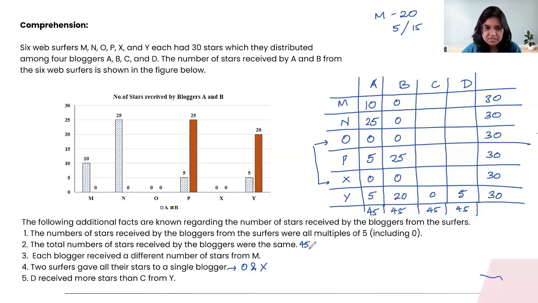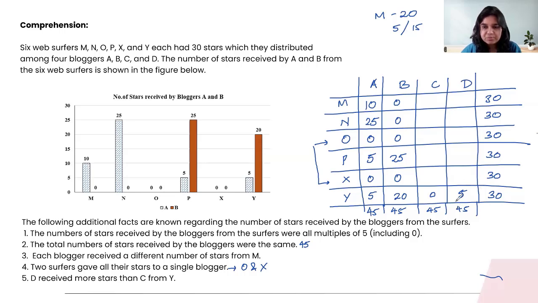Now let's take a look at something else, if we can try and distribute the rest of them as well. Between O and X, one of them has given 30 stars to C and the other one has given 30 stars to D. And now between 5 and 15, can I see what can be done?